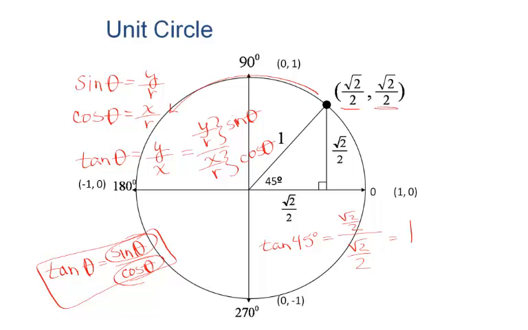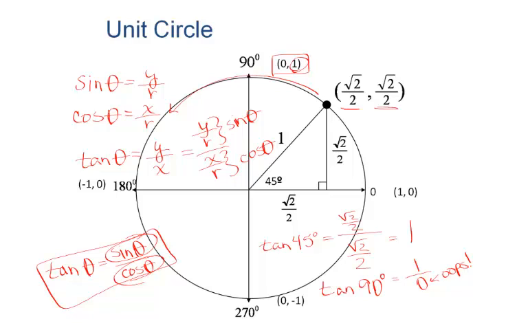Let's do that for 90 degrees. There's the sine and cosine for 90 degrees. So the tangent of 90 degrees is the sine, I'm not going to write it, I'm just going to write the value. I'm getting it from right here. It's the y-coordinate to that point, over the cosine of 90 degrees. Oops. What does that mean?